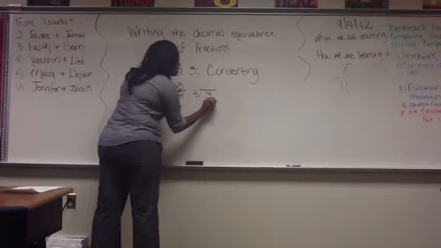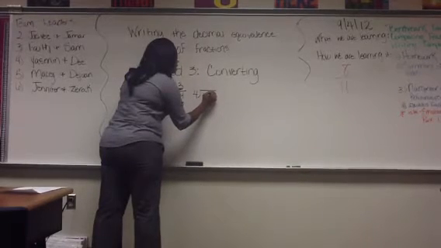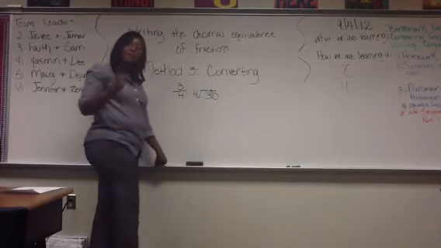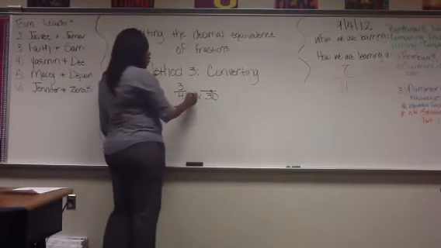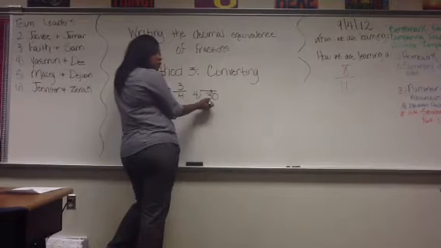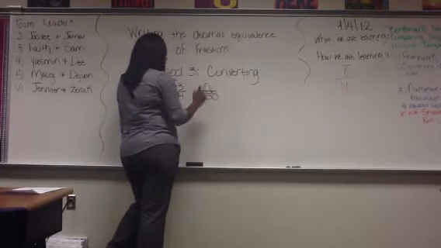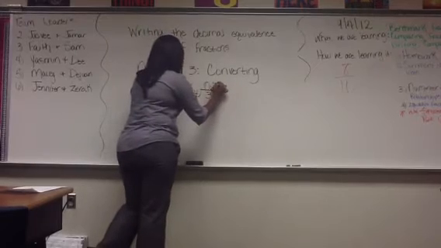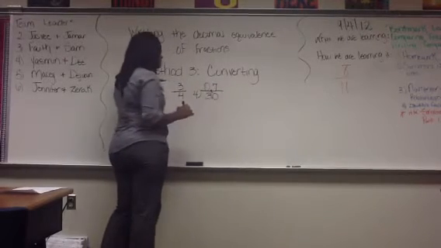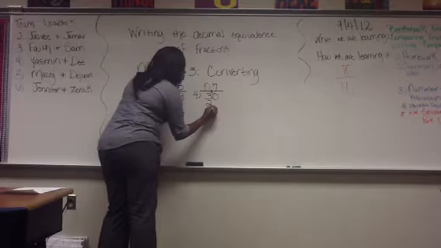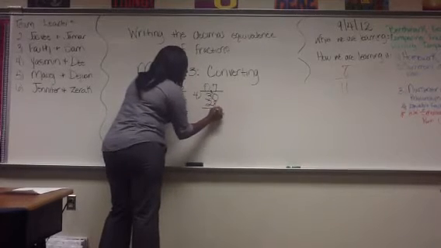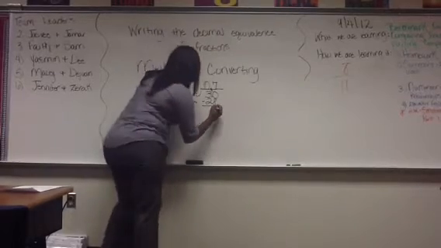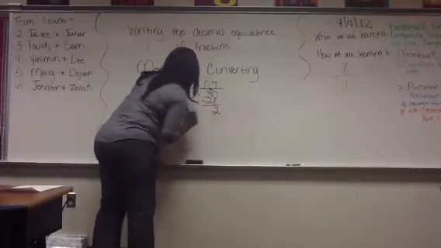I'm going to add a decimal, bring that decimal up, add a 0, and then I'm going to start dividing. 4 can't go into 3, so it goes into 3 no times. 4 goes into 30, though, 7 times. 7 times 4 is 28. 30 minus 28 is 2.